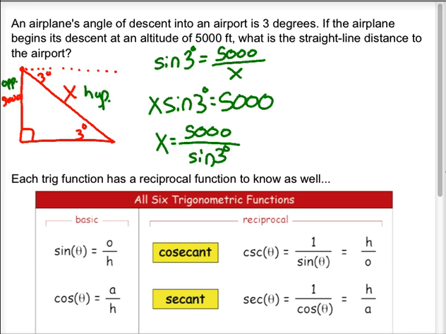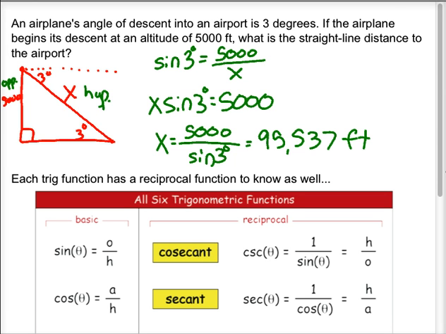Now, again, on the ACT, that is how they would actually leave their answer because they don't want any rounding. However, we're actually going to finish the problem so we get a realistic answer. So 5,000 divided by sine of 3 degrees, that straight line distance is going to be 95,537 feet approximately.